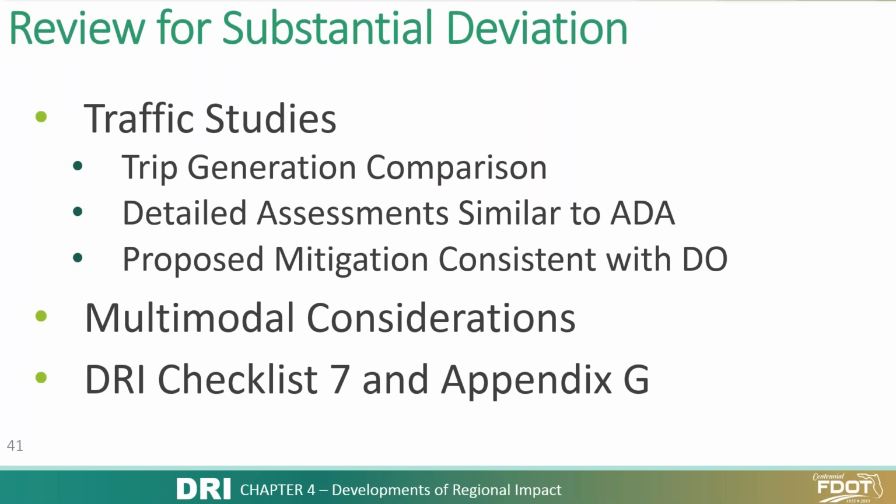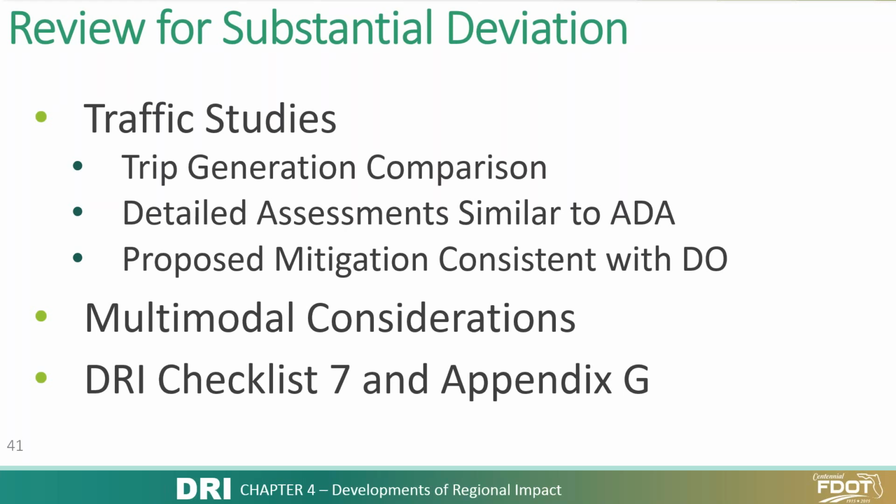So for a reviewer, looking at a traffic study could be as simple as doing a trip generation comparison to see whether or not there's a substantial deviation, or as complex as doing a detailed assessment similar to what you would do with the application of development approval during the DRI review process.